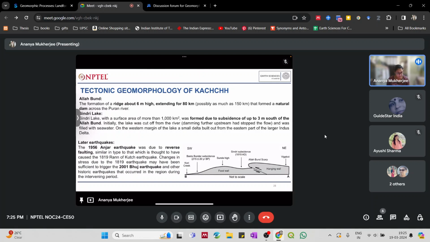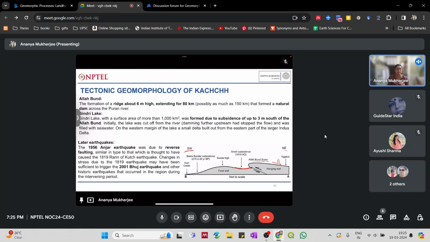This is the northern or northeastern part, and this is the southwestern part. The subsidence that was caused over here created the lake, and this scarp dammed the river flow, and there was no more water flowing in the northern part.